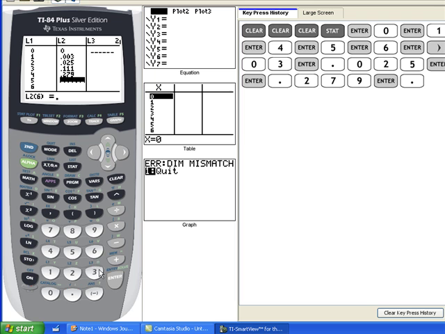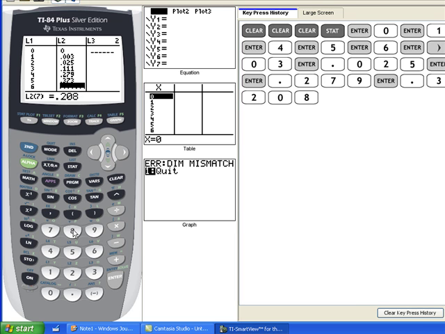Okay, so we have all of our probabilities. Let's see, it looks like I'm missing one. I have 0.003, 0.025, 0.111, 0.279. Oh, okay, I got to enter. Okay, now I've got them all.